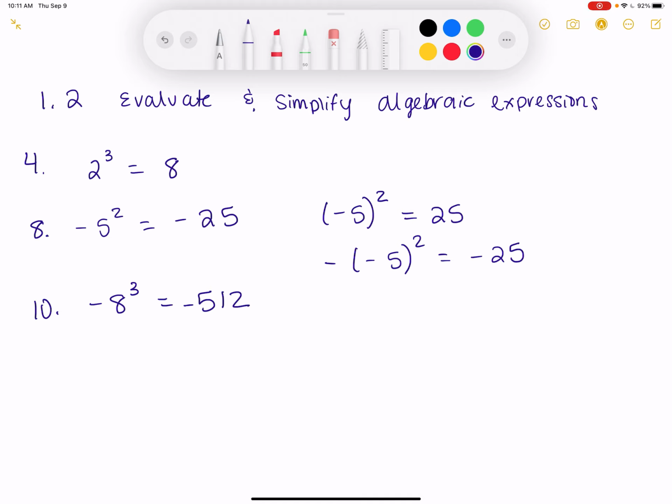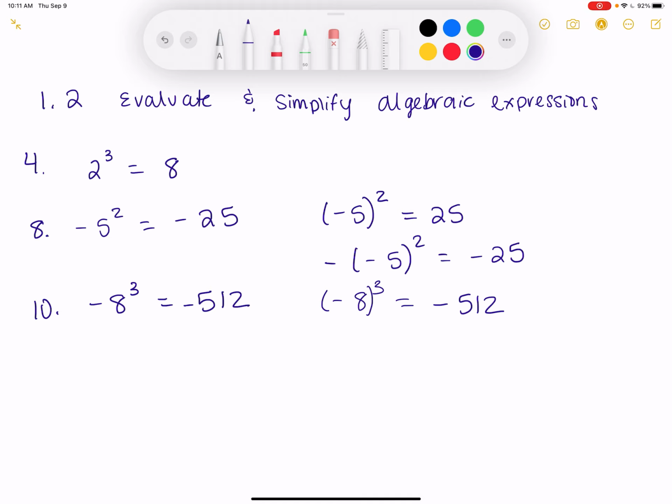Okay, so if we had this, does that change anything? No. It's still negative 512. So if it's raised to an odd power, okay, 3, 5, 7, 9, whatever, it's not changing anything. The signs are going to stay the same, okay?